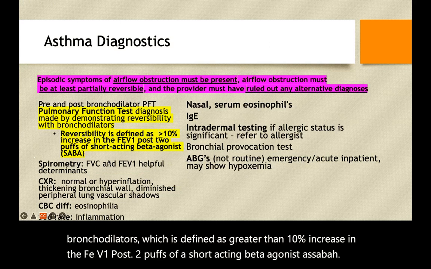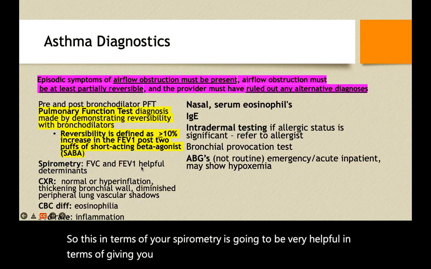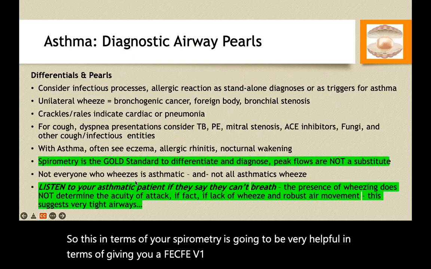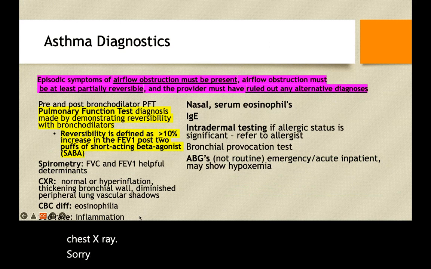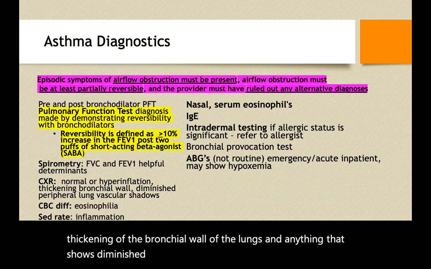In terms of this, your spirometry is going to be very helpful in giving you FVC and FEV1 determinants. You want to have a chest X-ray to show if it's normal or hyperinflated with thickening of the bronchial wall of the lungs, and anything that shows diminished peripheral lung vascular shadows.